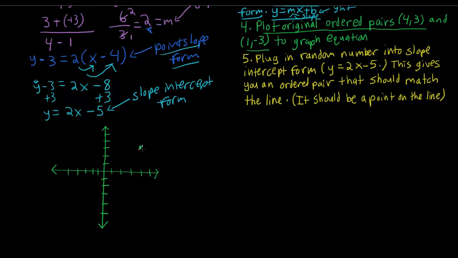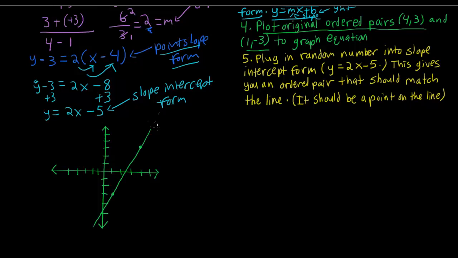And then our second ordered pair is positive 1, and then negative 3, so down 3. And then we would just have to try to connect the line here.